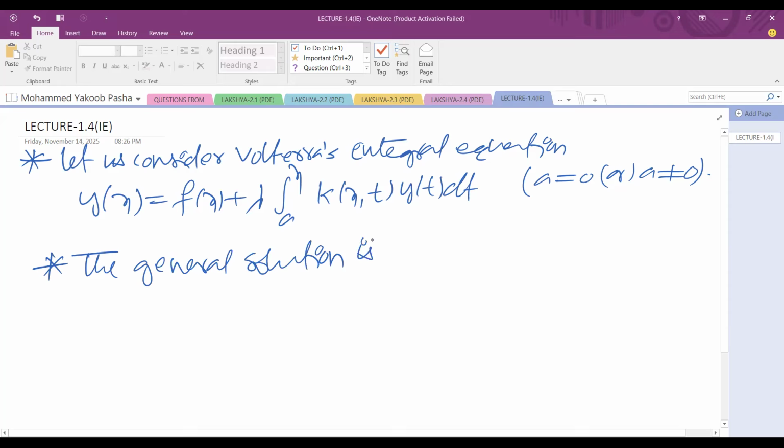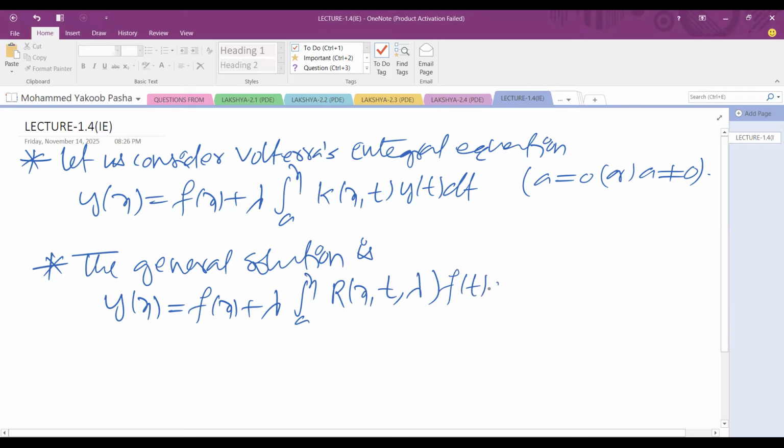For this Volterra integral equation, to find the general solution, first find the resolvent kernel. After finding the resolvent kernel, we can write the general solution: y of x is equal to f of x plus lambda into the integral from a to x of r of x comma t comma lambda into f of t dt.